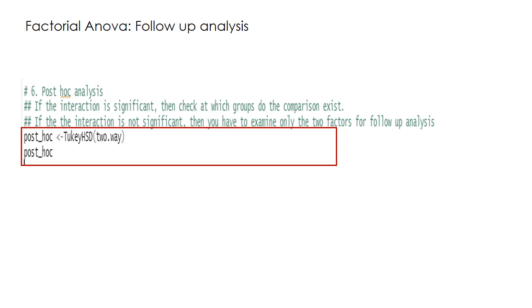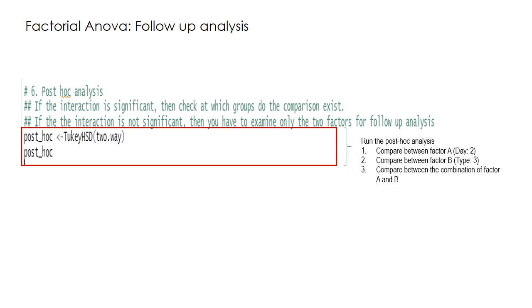The two-way is actually from the previous slide. When you're running a two-factorial ANOVA, we have given a name for the analysis. So we want to run a post-hoc analysis for that particular two-way ANOVA analysis. And then with that, you should be able to run the post-hoc.